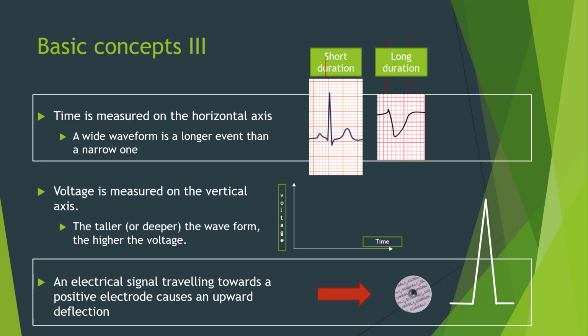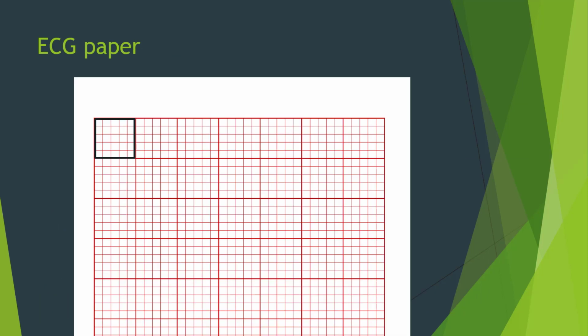In terms of rhythm recognition, voltage and polarity, that is whether the signal is negative or positive, plays a relatively minor role. On the other hand, the duration of the time taken for an event to occur will play quite a significant role. So let's go on to recap the divisions on the ECG paper. So we know it's divided into larger and smaller squares.